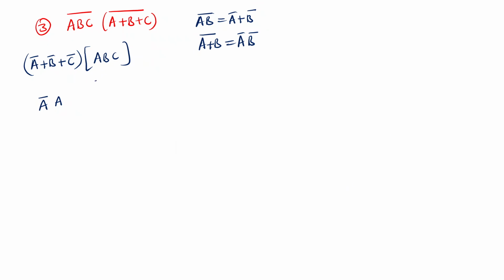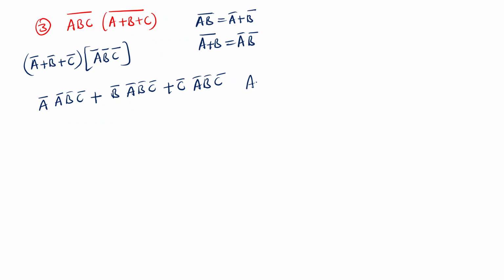So this is A bar B bar C bar. If you multiply, this is A bar B bar C bar plus B bar A bar B bar C bar plus C bar A bar B bar C bar.